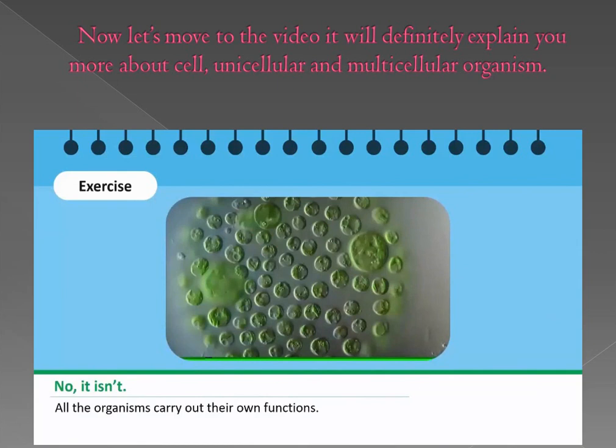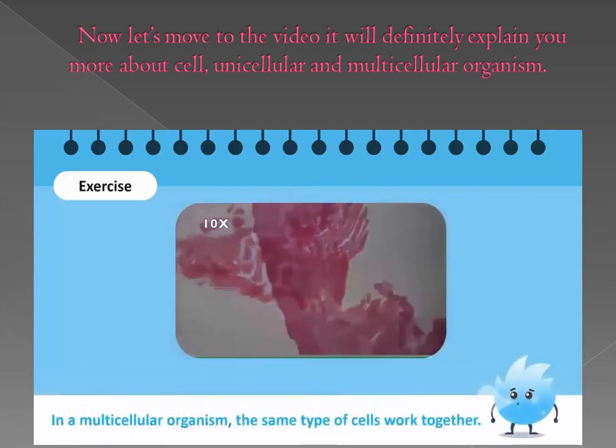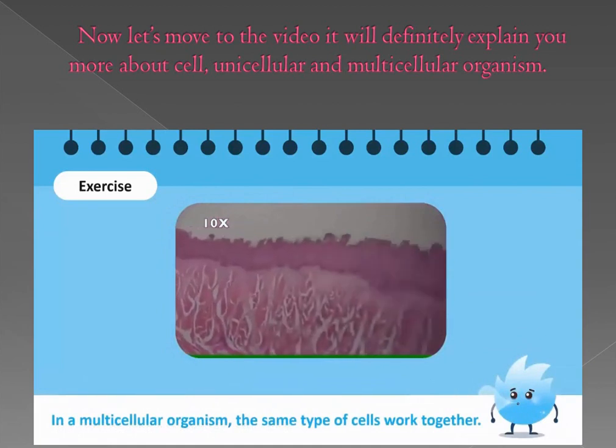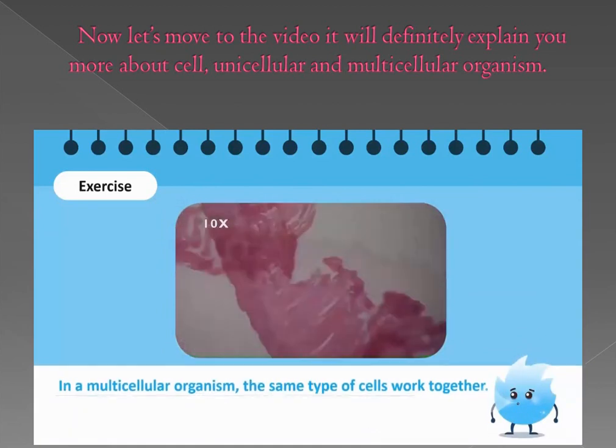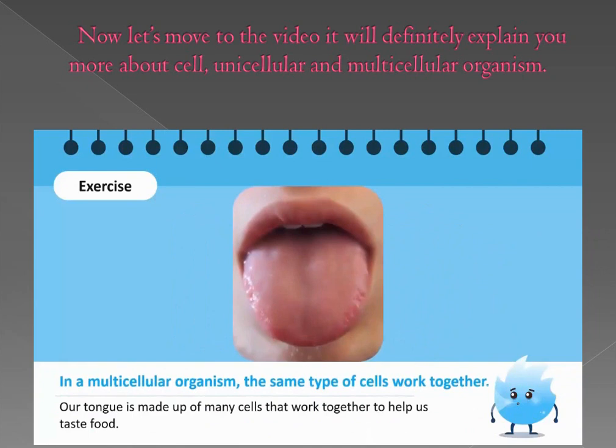If one cell dies, the other can still live on as they do not need one another to function. In a multicellular organism, the same type of cells work together to perform a single function. For example, our tongue is made up of many cells that all work together to help us taste food.